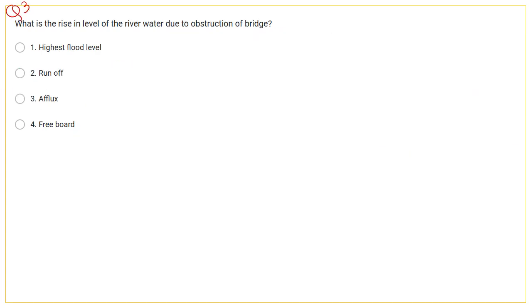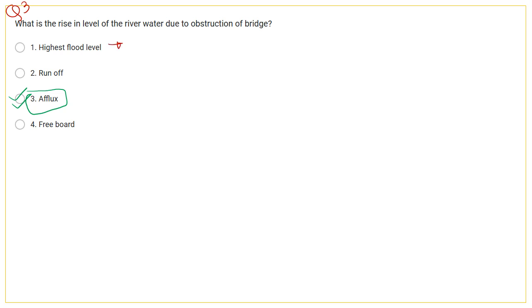Third question: what is the rise in the level of river water due to obstruction of the bridge? The rise in the level of river water due to obstruction of the bridge is nothing but the afflux. So option third is correct here. What about the high flood level?